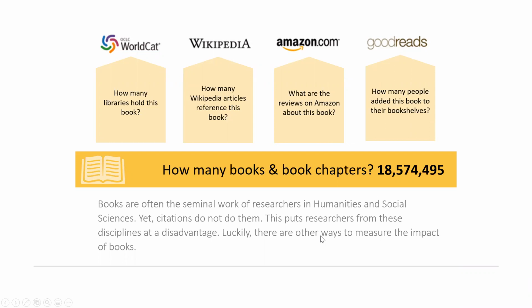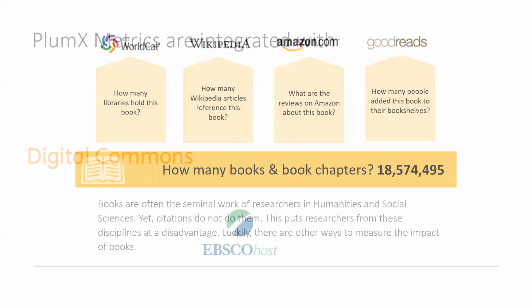So we know that books are often the seminal work of researchers in humanities and social sciences, and that's why we tried to show what the influence of the books is by the PlumX metrics tool, and showing how this impact by the books can be really measured.